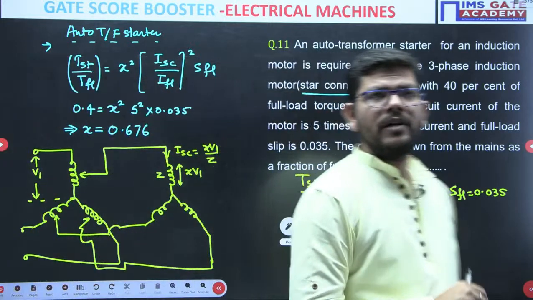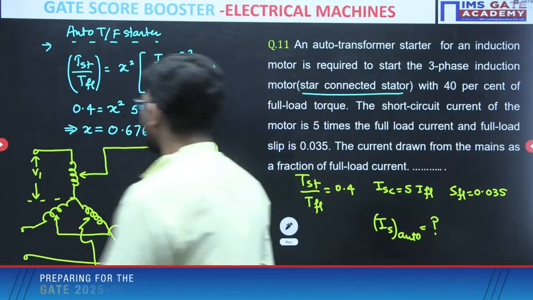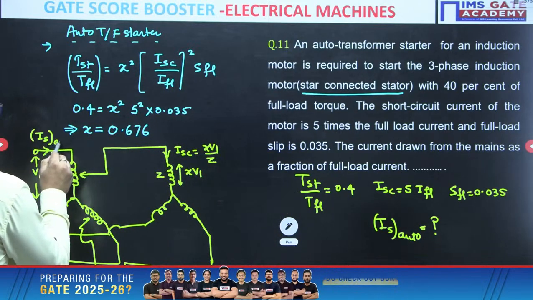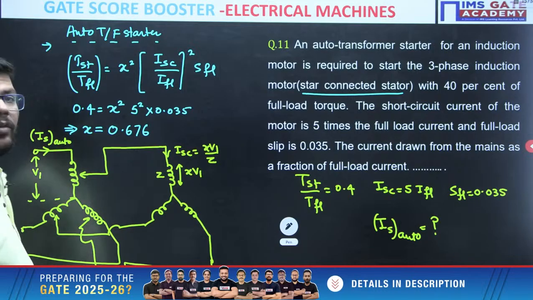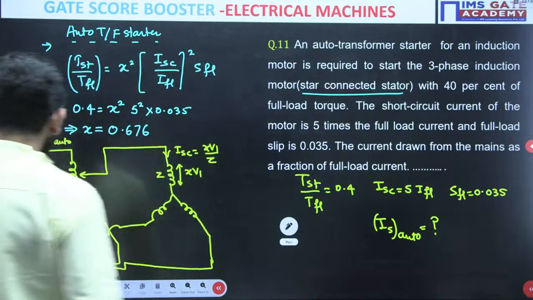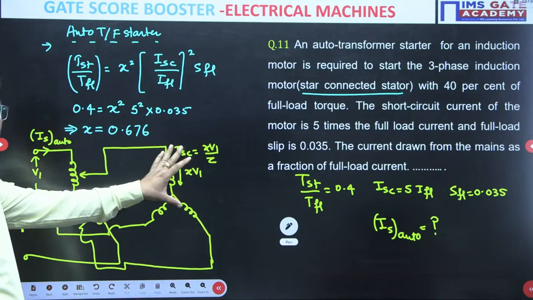Right. Now what we have to calculate, that how much is the current flowing here, how much current we are drawing from the line. Okay, so just see, KVA here must be equal to KVA here.